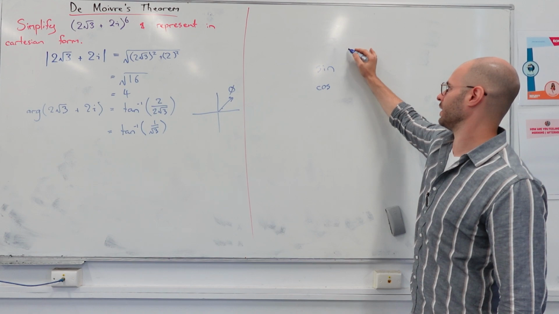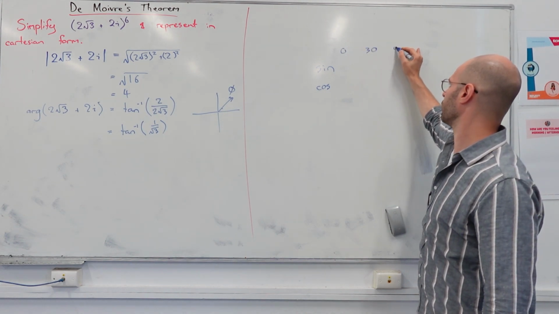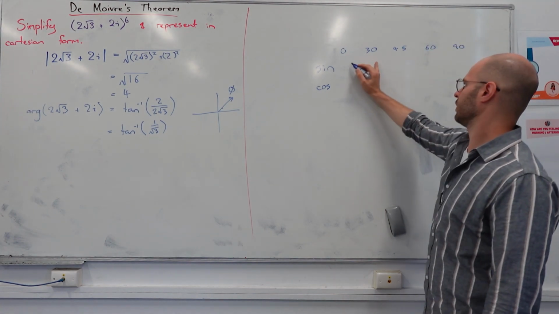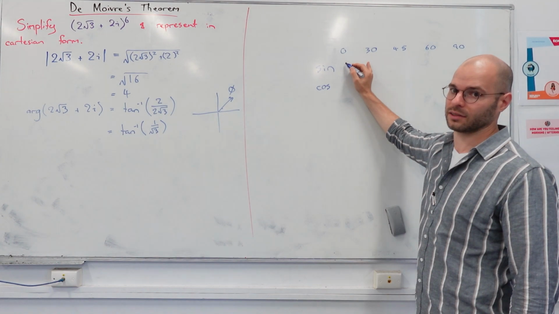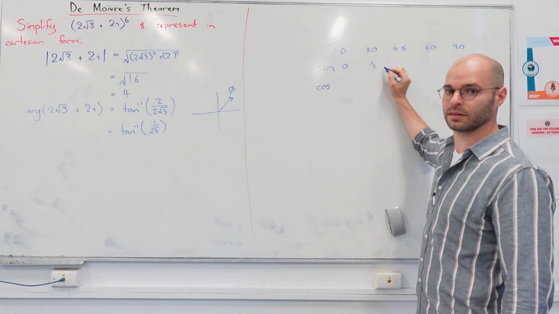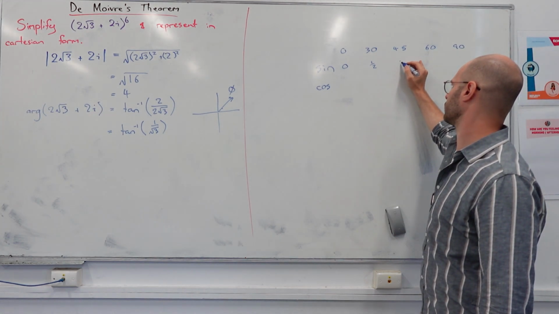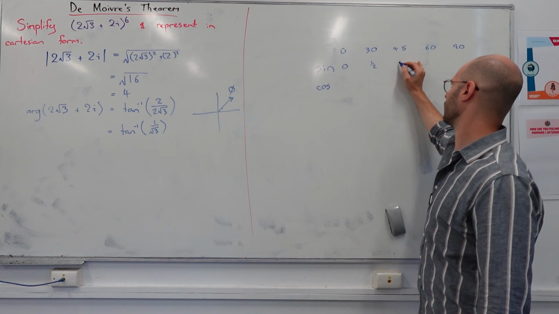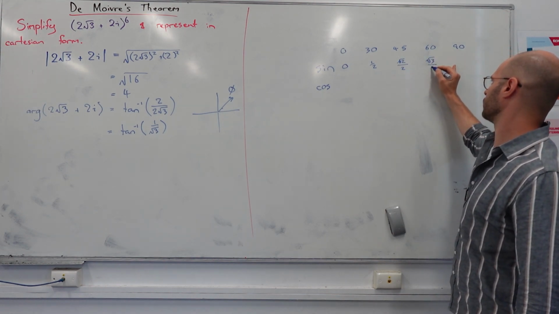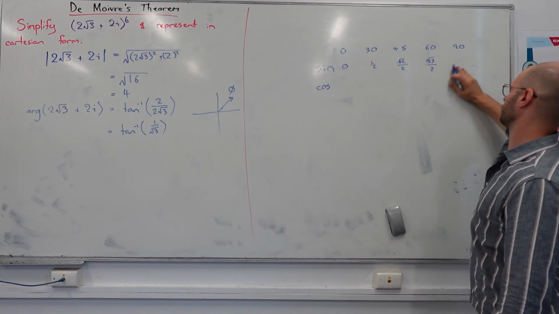This is going to be 0, 30, 45, 60, 90. First one's always going to be for sine. Sine starts at 0, then it goes up to a half, then it goes up to, sorry, root 2 on 2, root 3 on 2, root 4 on 2, also known as 1.